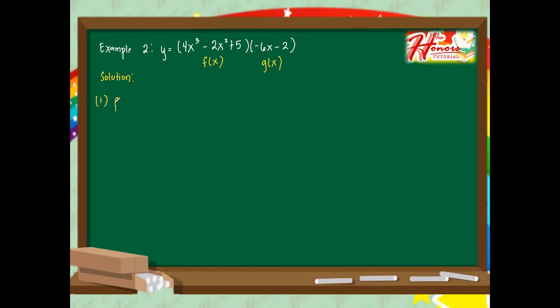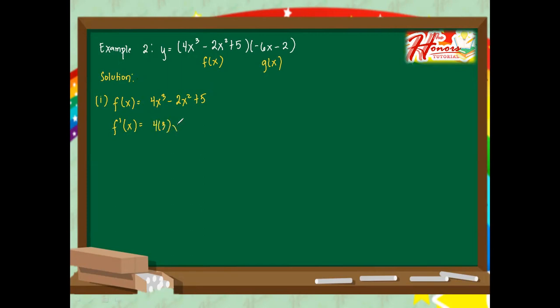For f prime, we will be having f of x, and that is equal to 4x cubed minus 2x squared plus 5. And then, let's look for f prime of x by multiplying 4 and the exponent 3.